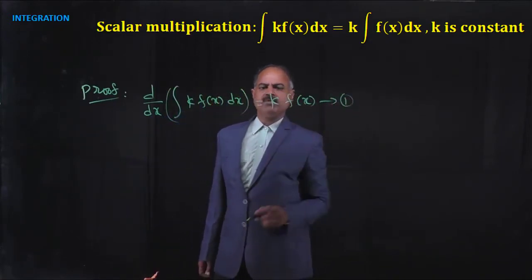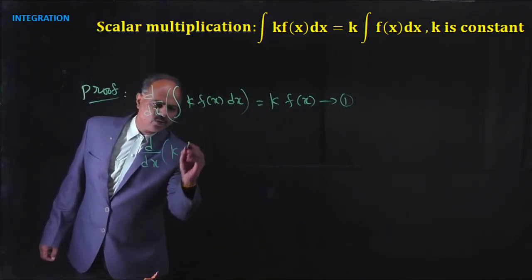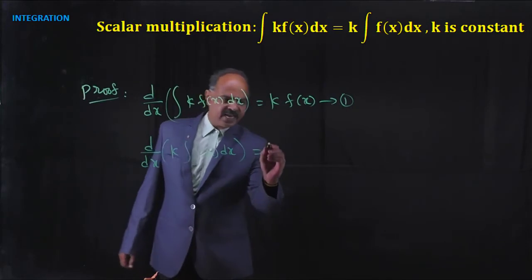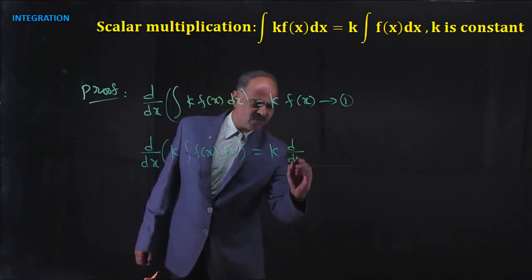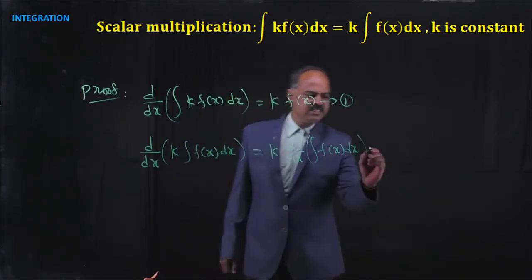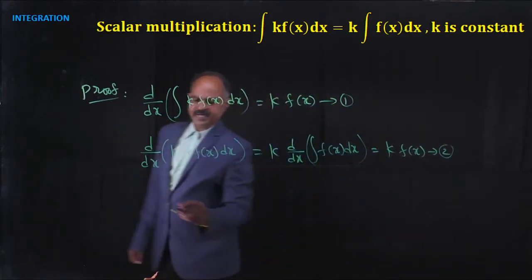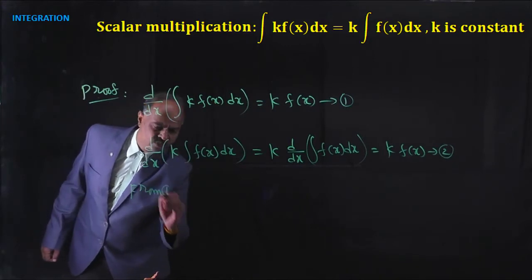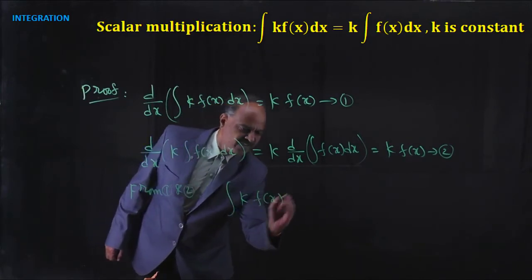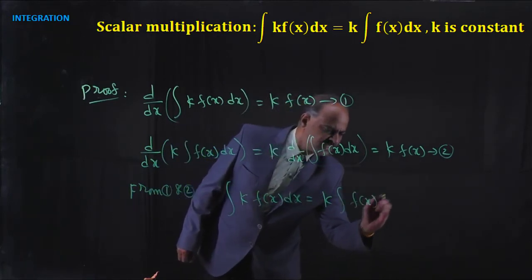This is equation number 1. d by dx of k into integral f of x dx can be written as k into d by dx of integral f of x dx, that is equals to k into f of x. This is equation number 2. So from equation 1 and 2, integral k into f of x dx equal to k into integral f of x dx.